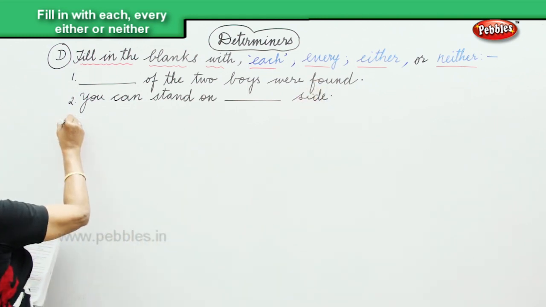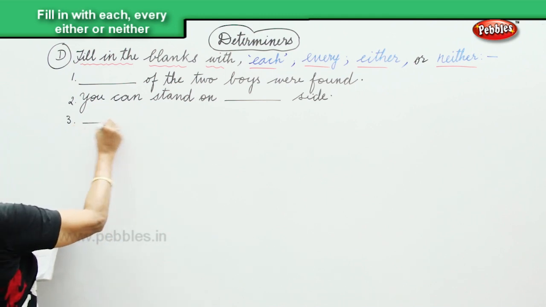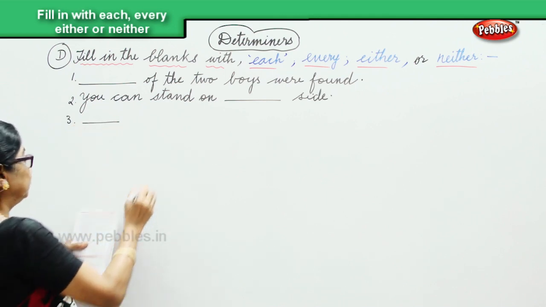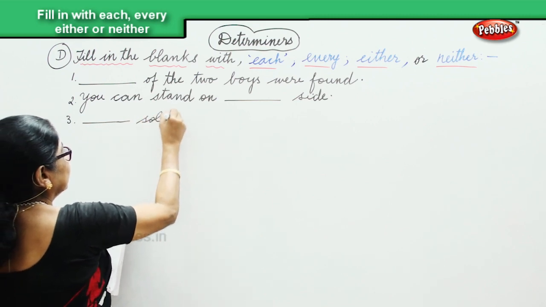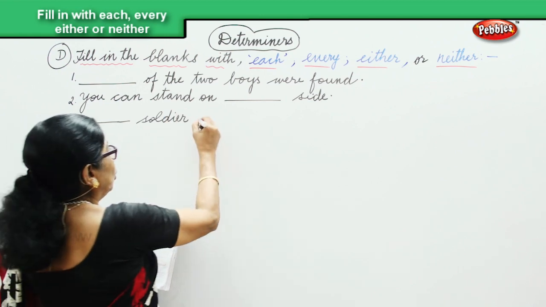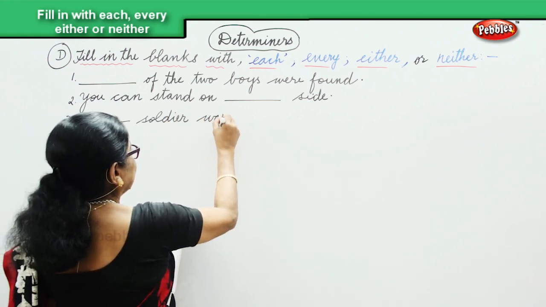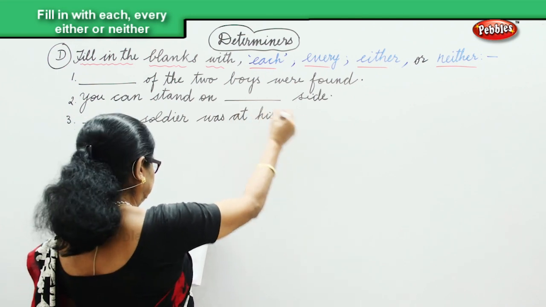The third sentence, dash soldier was at his post.